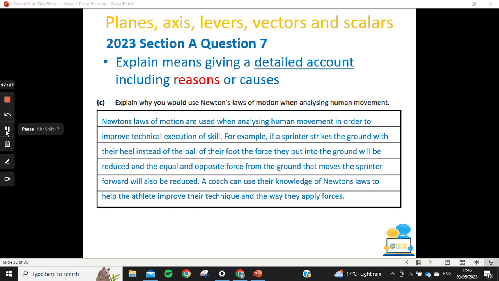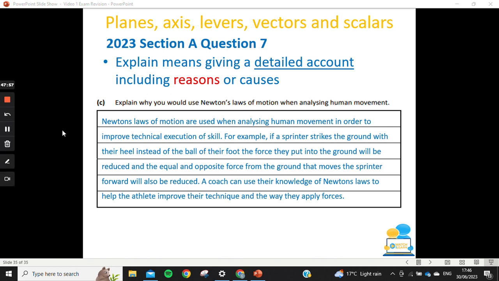So in sprinting, we're trying to contact the ground with the ball of our foot. So if we don't contact the ground with the ball of our foot and we contact with our heel, then this will reduce our ability to put force into the ground. So again, Newton's second law being applied here in the technical execution of sprinting.